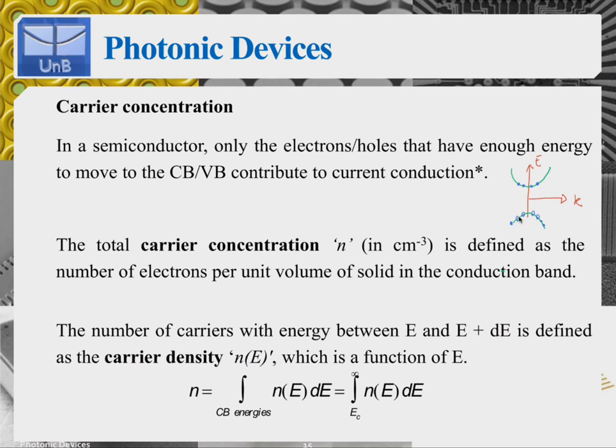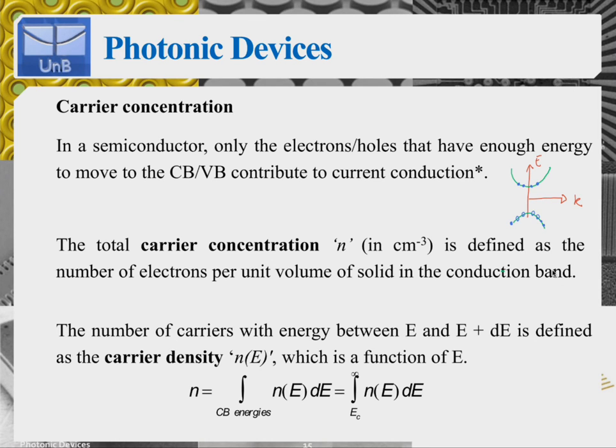As you raise the temperature, or if you dope the material, you can introduce electrons in the conduction band and also leave empty states, or holes, in the valence band. The total carrier concentration, N, in centimeter to the minus third, is defined as the number of electrons per unit volume of solid in the conduction band.